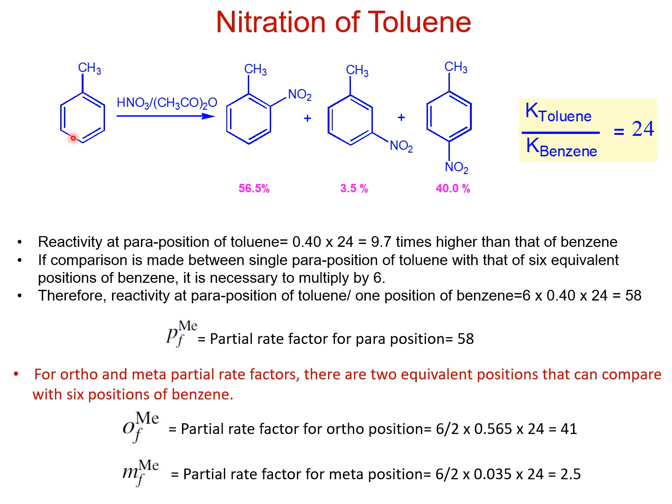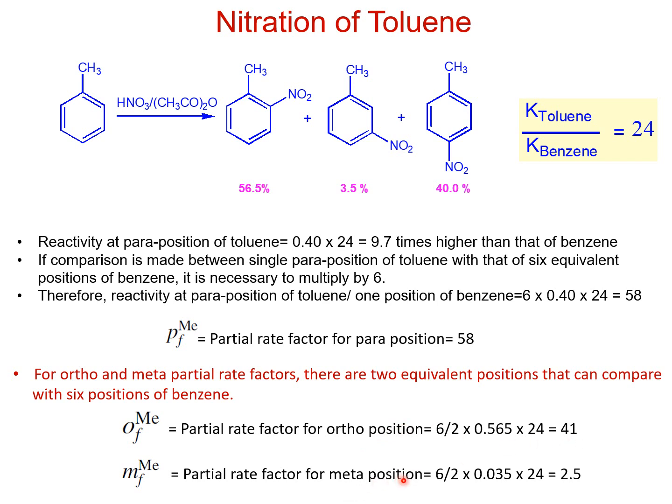Therefore, we must multiply by the factor 6/2 because we are comparing these two equivalent positions with 6 positions of benzene. So 6/2 times percent isomer times rate ratio gives the partial rate factor for ortho position as 41.